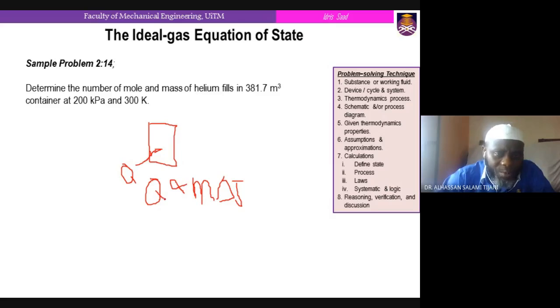If we remove this proportionality sign, we introduce a new constant called C, and so the equation can be written like this.